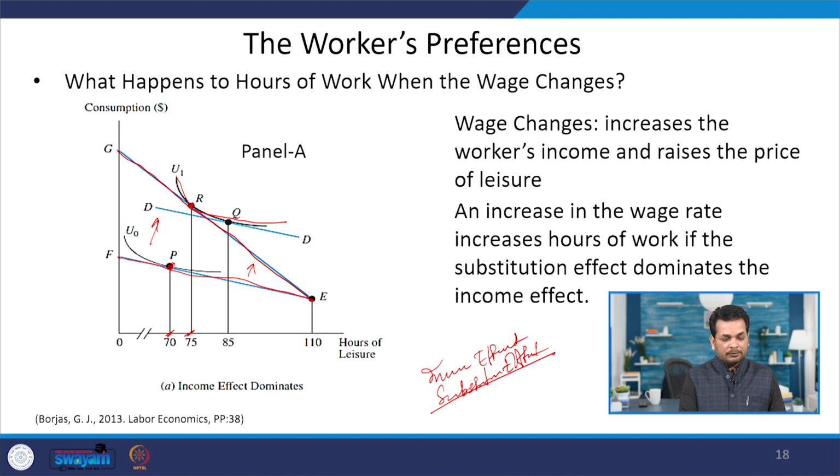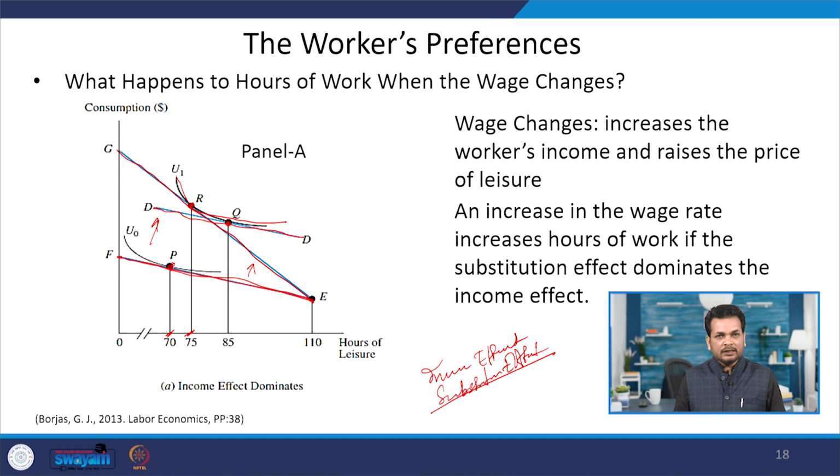To isolate the income effect, we have drawn a parallel line D dash to this FE, the budget constraint, which is tangent to the utility function at point Q on this U1 utility function. Now, when we isolate this, how much is due to the change in the income due to the change in the wage rate?